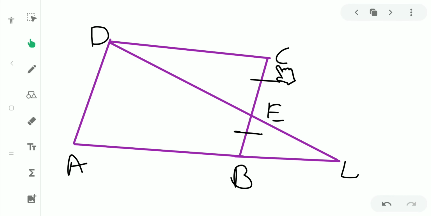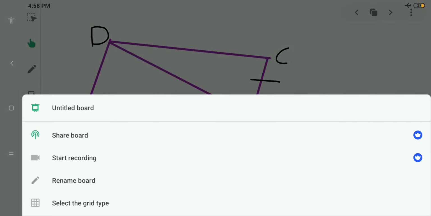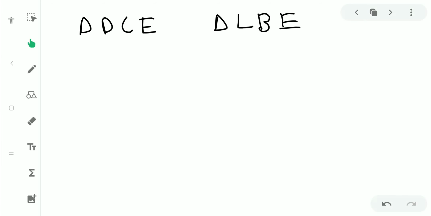Angle DCE and angle EBL, or LBE, will be equal, because this line is parallel to this line and a line is crossing in between, so you will have these alternate angles. That is a very important term. So those are alternate angles.